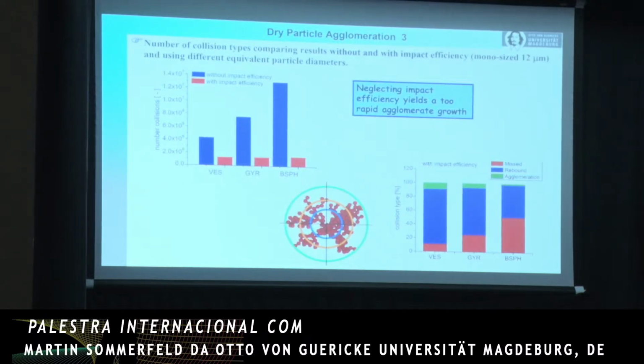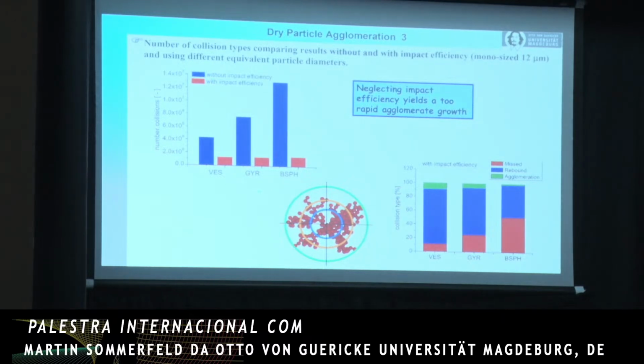So here we have again the number of collisions versus the type of particle we consider. Here, VES, the aggregate is a volume equivalent sphere. Gyration, the aggregate is followed by the aggregate gyration diameter.